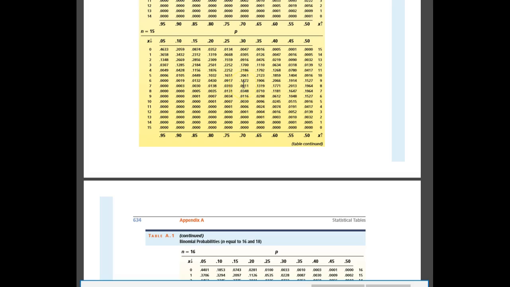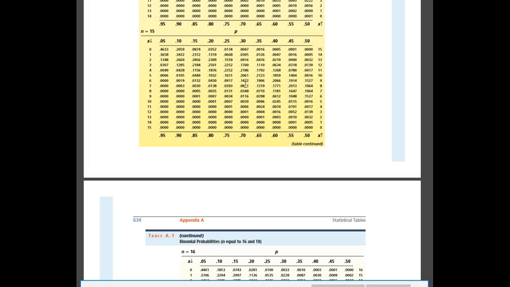So we need to know the probability that x is less than or equal to 13, and rather than count up and add a bunch of values up, let's just add a few up. So we said let's call that probability 1 minus the probability of x being greater than 13.